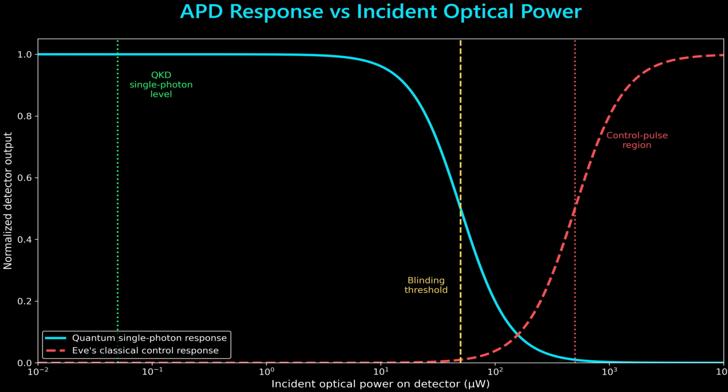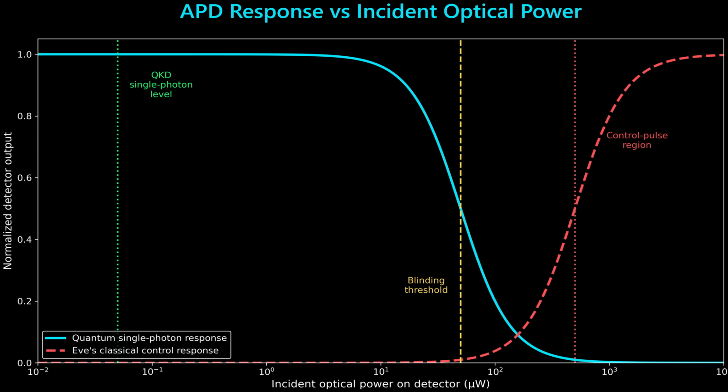Now look at the red curve rising on the right. This represents Eve's classical control response. At these higher powers, hundreds of microwatts to milliwatts, the APD behaves like a linear photodiode. This means that Eve can send bright classical pulses that produce a proportional photocurrent, not a quantum avalanche.